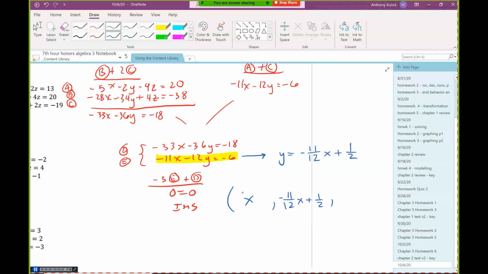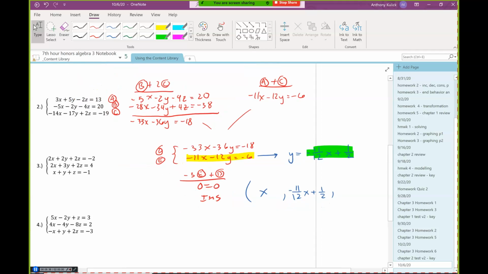And then to find my z, I'm going to plug that value for y into either equation A, B, or C. It doesn't really matter. Let's plug it into B because that looks like it has the smallest coefficients all around. Is that okay? So I have negative 5x minus 2 times (negative 11 over 12x plus 1/2) minus 4z is equal to 20.